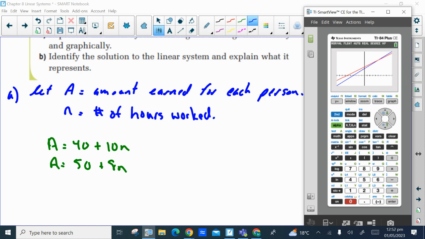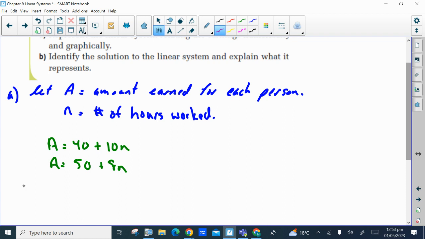We need to see that point of intersection, and we do. So now we can find it by going second function trace, number 5 for intersect, enter, enter, enter. And there's our point of intersection, the point (5, 90). So part B, the point of intersection is (5, 90).